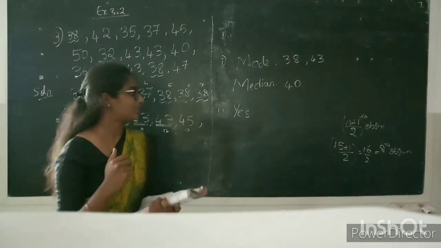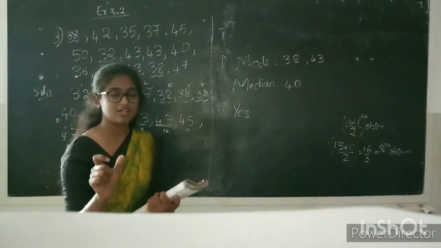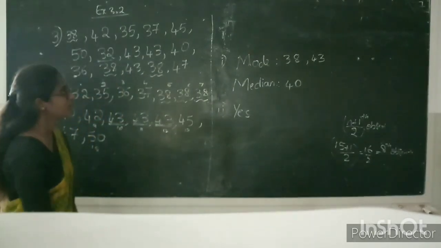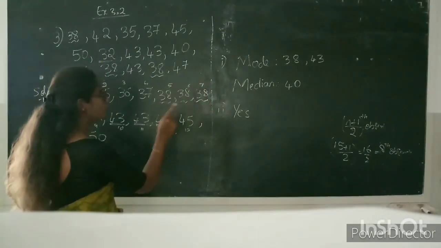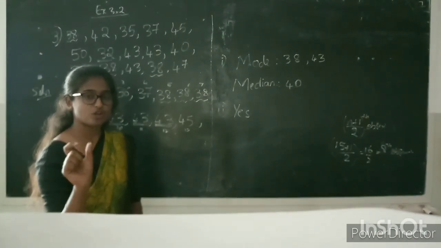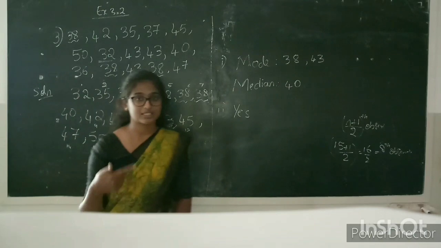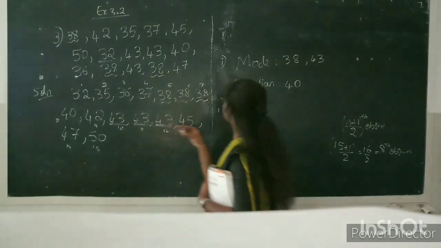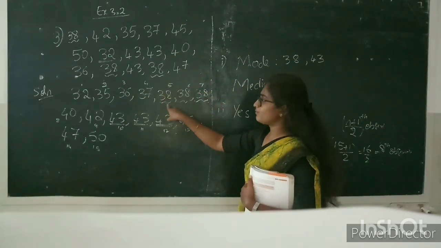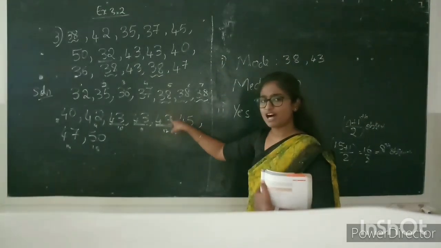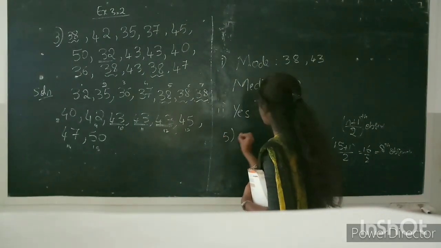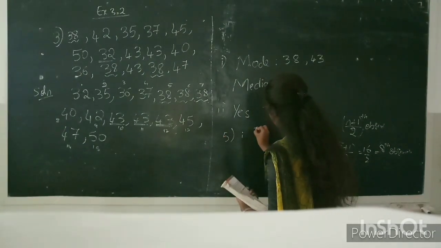Mode is nothing but the most often occurring number in the data itself. The mode in this question is 38, picked from the given values themselves. So the first answer is true.